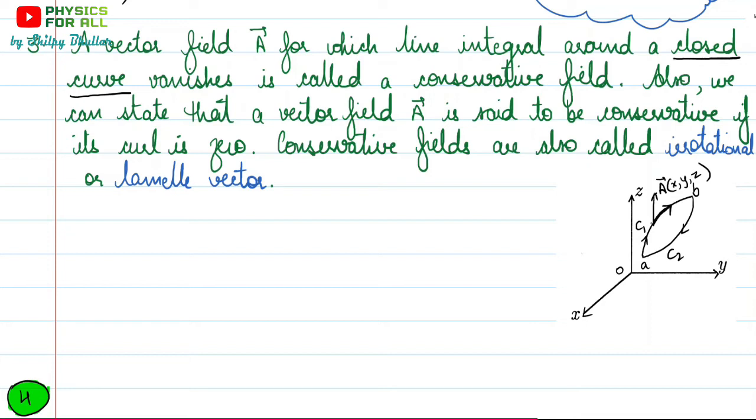You can see the vector field A here, and we have taken 2 points A and B in this field, and we have drawn two curves, one going from A to B and another going from B to A. And now you know that in the case of vectors, direction really matters. If you are going from A to B, the value of the integral would be different, and if you are going from B to A, the value of the integral would have the opposite sign.